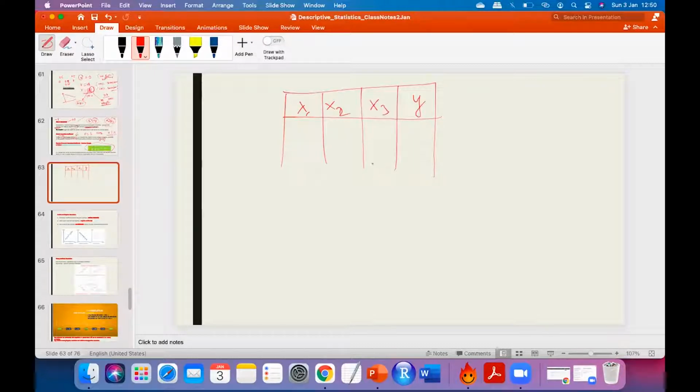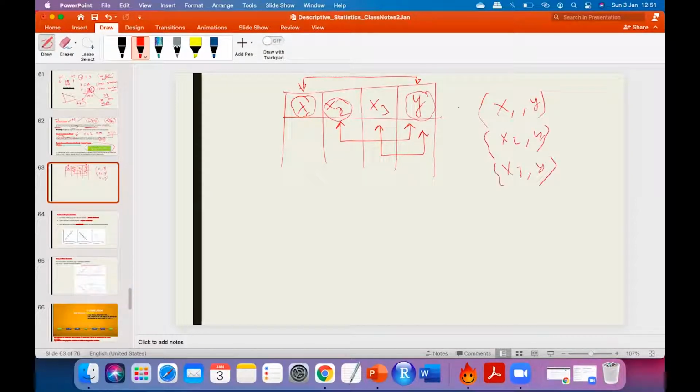There can be multiple ways. What I can do is see how this particular variable is affecting y. I can see how my x2 is affecting y, and I can also see how my x3 is affecting y. Let's say x1 and y, x2 and y, and x3 and y, right? So there can be three correlation coefficients.